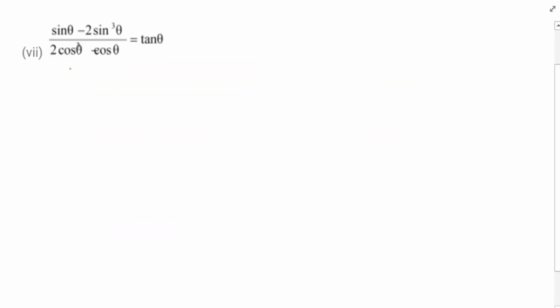Question number 7. Secant square theta: (sin theta minus 2 sin cube theta) divided by (2 cos cube theta minus cos theta) equal to tan theta. Consider LHS.